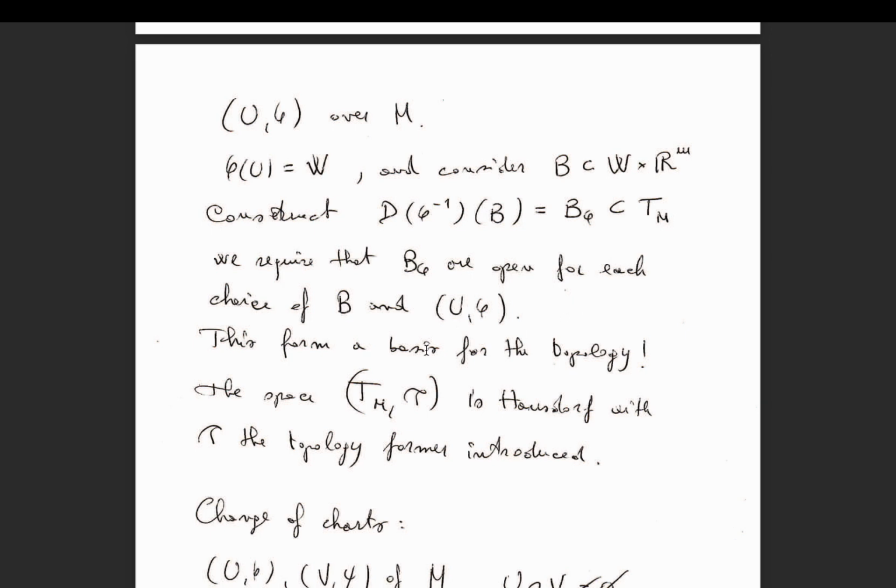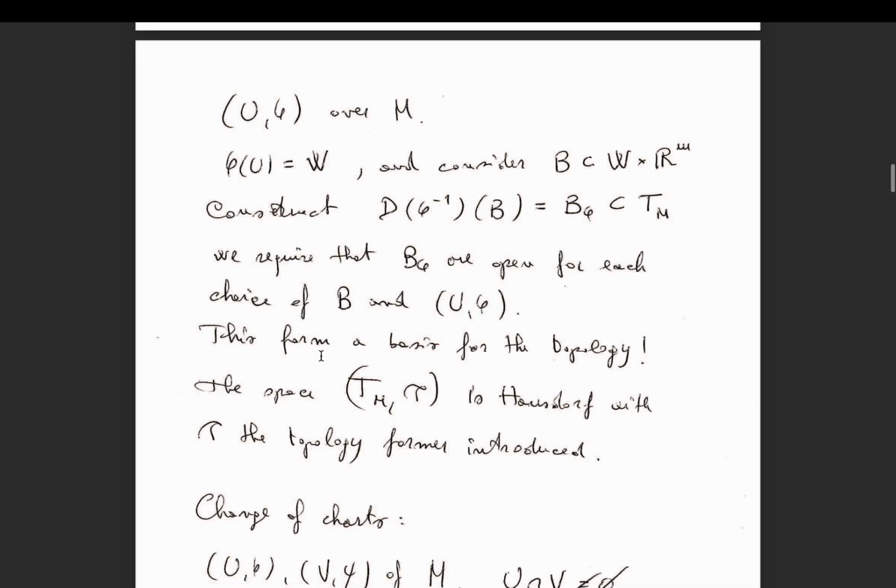So, by varying B and by varying φ over the coordinate charts, we obtain a family of subsets of the tangent bundle, which we require to be open by definition, and which we also require to form a basis for the topology of the tangent bundle.